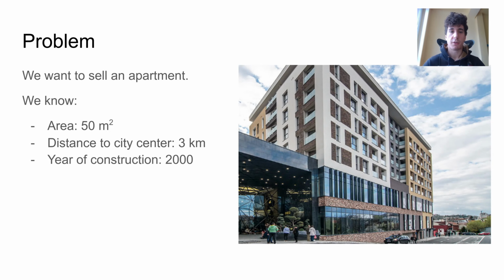And the year of construction: if the building is newer, then the price will be higher. So we have these 3 points of data: the area, the distance, and year of construction. These will be our inputs.